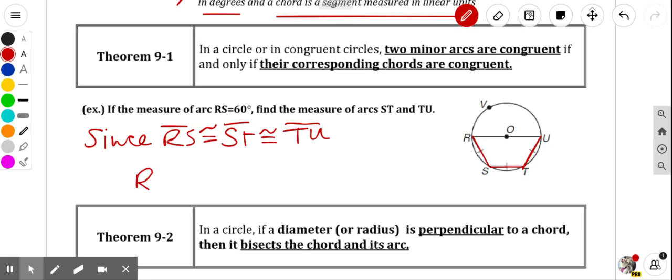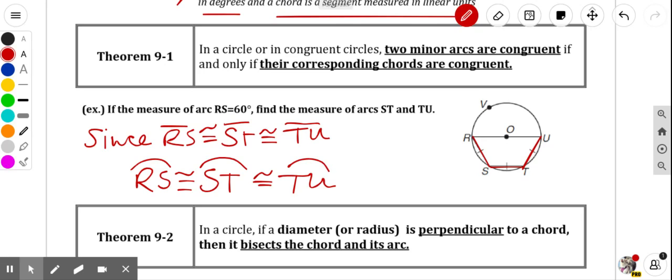So the arc RS would be congruent to arc ST, would be congruent to arc TU. So you can label them if you want to with congruent symbols as well.